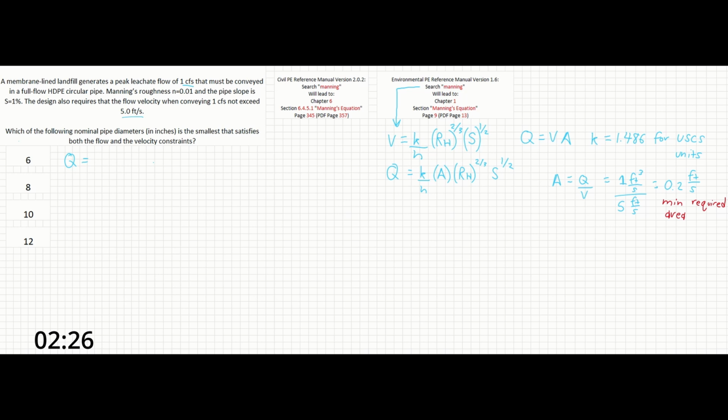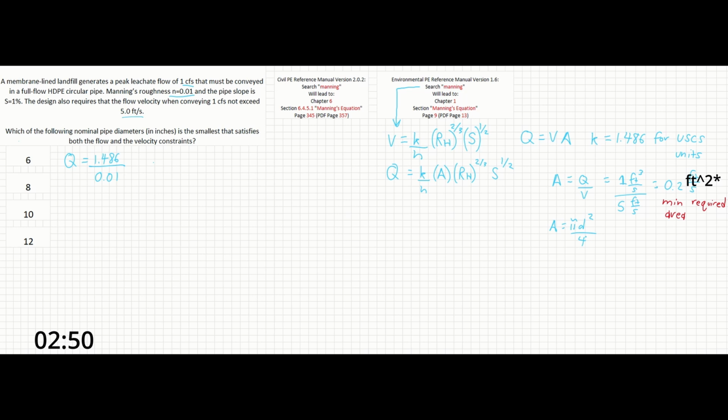So now that we've established which form of Manning's equation we need to use, given the types of terms we have available to us, we can write these out and begin to fill them in. We can experiment to see which pipe sizes meet the criteria described above by simply plugging in the diameter of those pipes into Manning's equation.